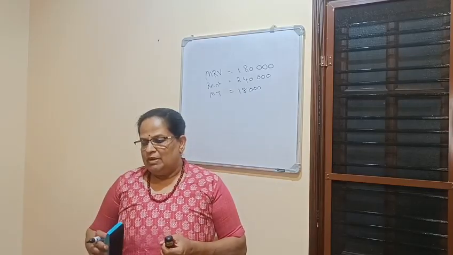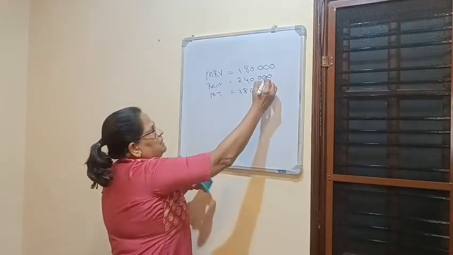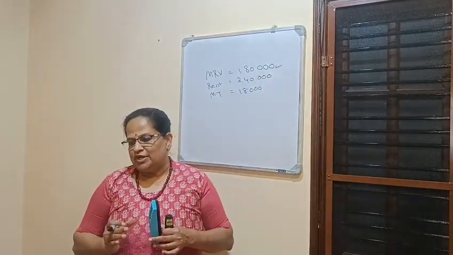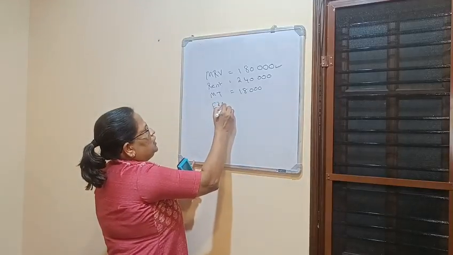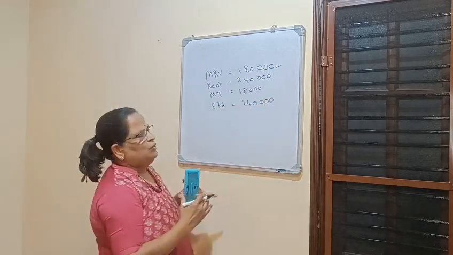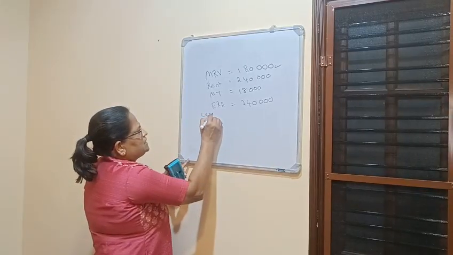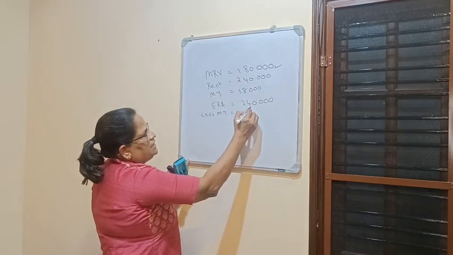Now, the problem is to compute the income from let out house property. So here municipal rental value is 1,80,000, rent received is 2,40,000. So the expected rental value is 2,40,000. Whichever is the higher value we will take, and less municipal taxes, that is 18,000.